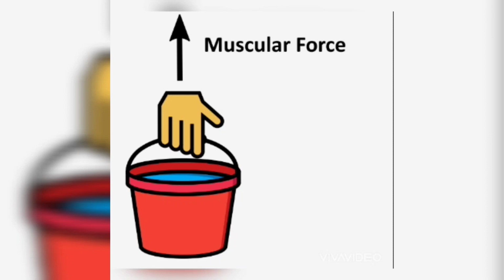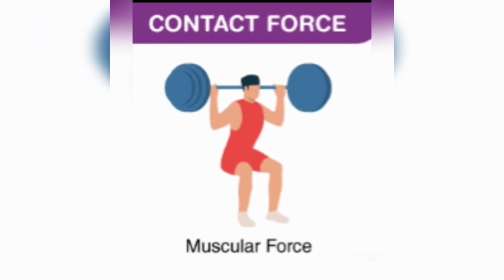We are applying this force by the strength of our body. Where does this strength come from? Can you guess? It is from our muscles. When you lift the bucket or push the table, the force comes from our muscles.